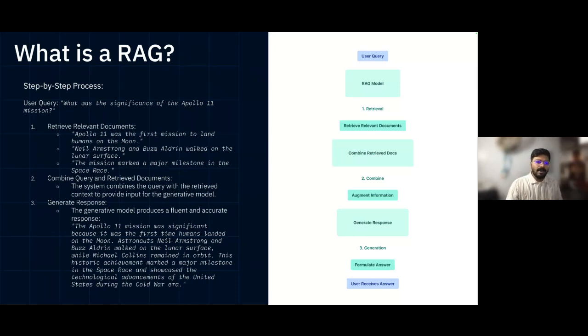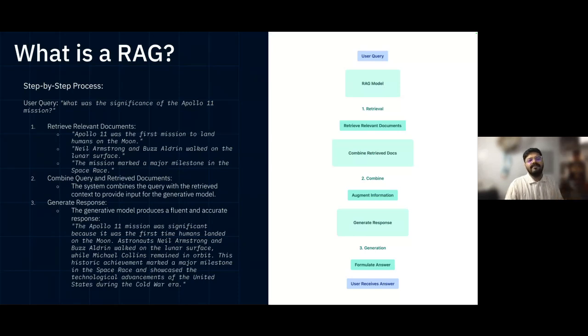Let's take this example: what was the significance of the Apollo 11 mission? It first retrieves the documents that have information like it being the first mission, and who was the first person to land or walk on the lunar surface. It was a major milestone.